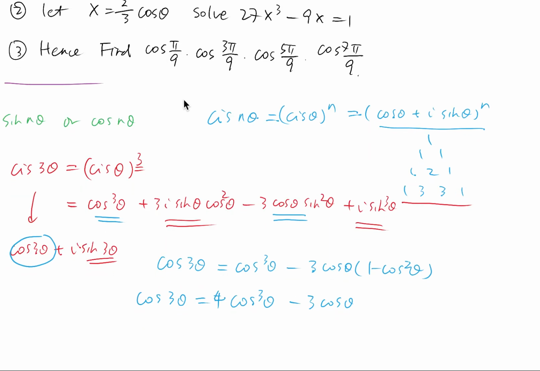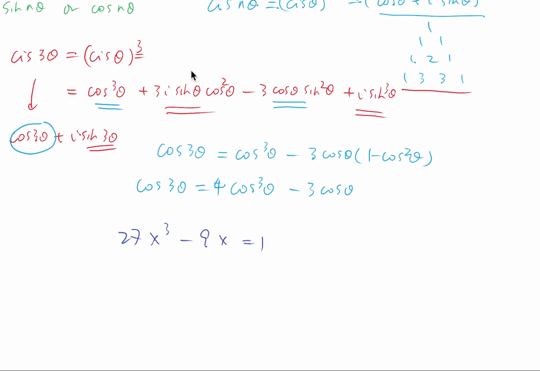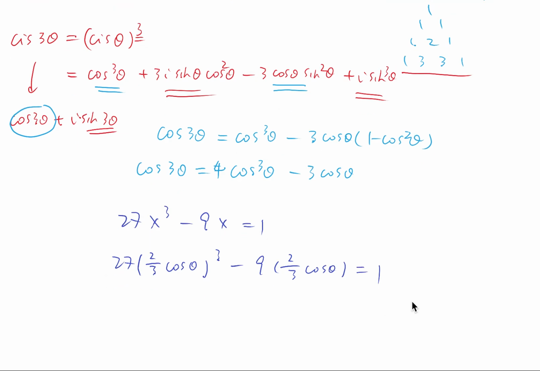So you replace every single x by 2 over 3 cos theta, and we have 27 times 2 over 3 cos theta to the power of 3 minus 9 times 2 over 3 cos theta equals 1. When we expand this properly, we get 8 cos cubed theta minus 6 cos theta equals 1.